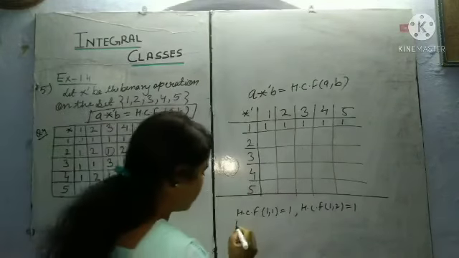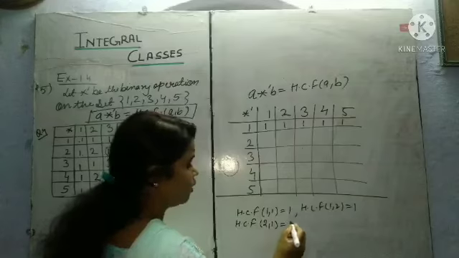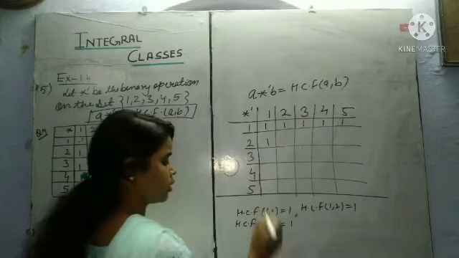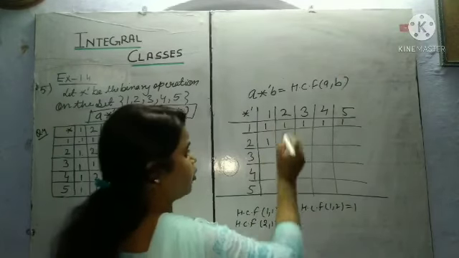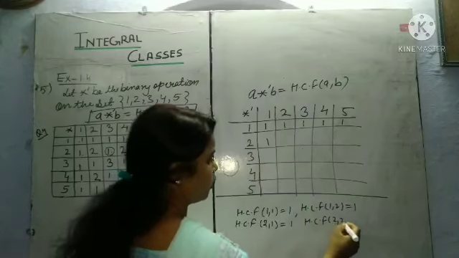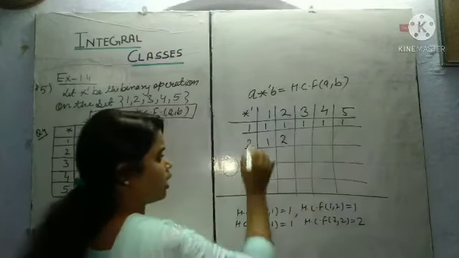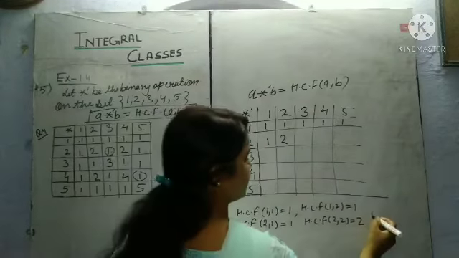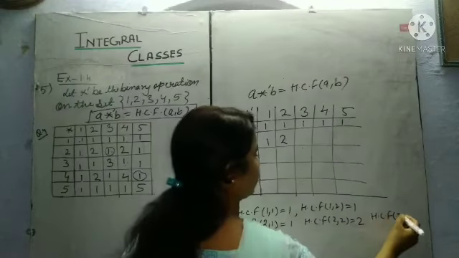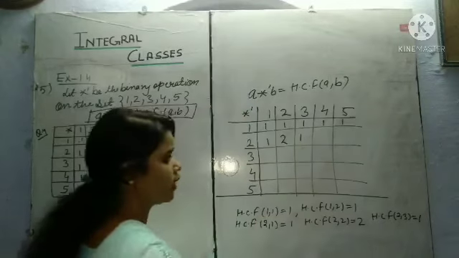Now the second row: HCF of 2 and 1 is also 1, and HCF of 2 and 2 should be 2, so we will write 2 here. HCF of 2 and 3 will be 1, so again we write 1.